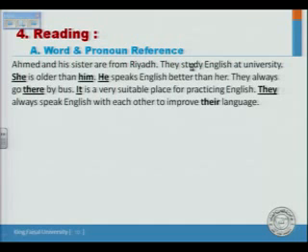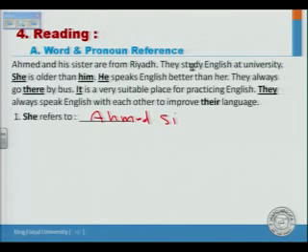Yeah. You see here the underlined pronouns. We want to know what each one of them refers to. She here refers to, you see underlined she, the second line. So she refers to Ahmed's sister.